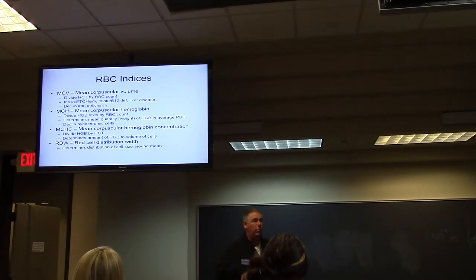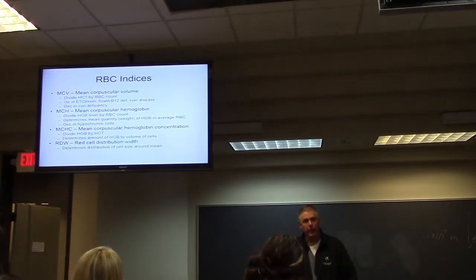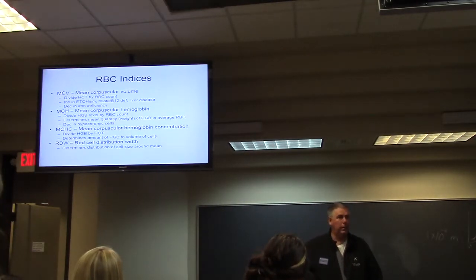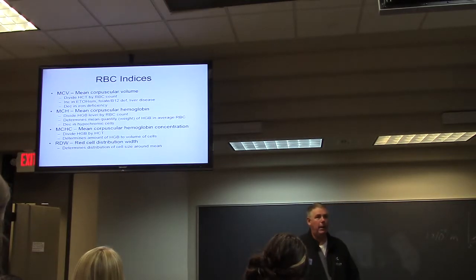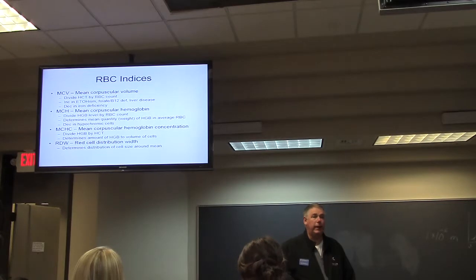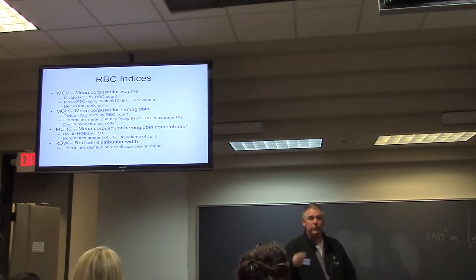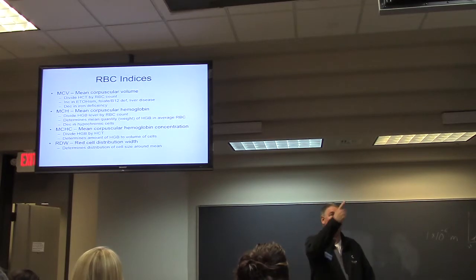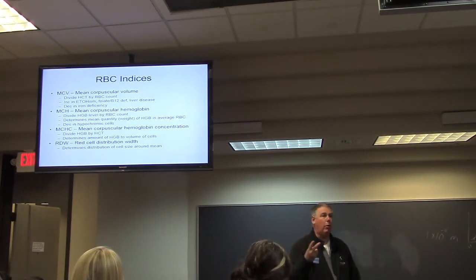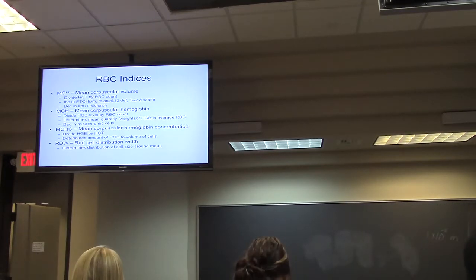If I started her on iron, as I said yesterday, and I got a retic count 7 days later, and the retic count does not go up, what am I thinking? It ain't iron deficiency. The other things on my differential are here: thalassemia, chronic disease, is she eating lead paint?